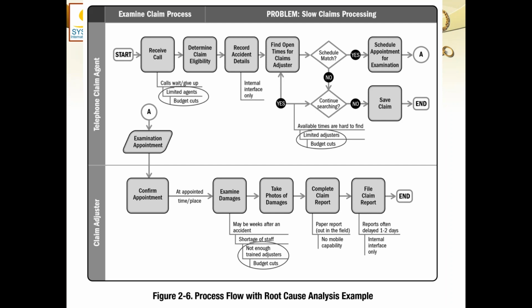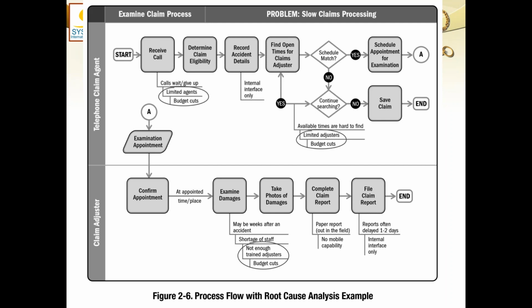And as far as the telephone claim agent is concerned, his job is done, his process is done. But all those claims which have been scheduled, so the examination appointment would then be sent to the claim adjuster, and from here on, his process starts. What does he do?